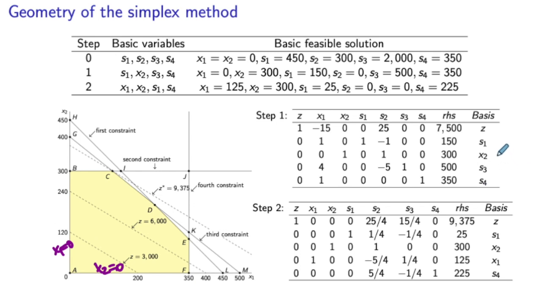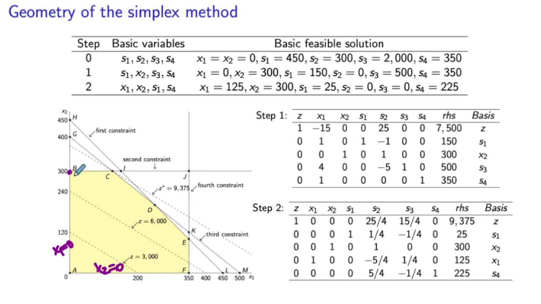So at step 1 we see that x2 becomes the basic variable. So x2 is entering the basis, which means that we increase x2 to some positive value, and then we perform the ratio test to see how much we can increase the value of x2. The ratio test winner will be the second constraint, which restricts our movement in the positive direction for x2. Alright, so as a result we end up in point B.